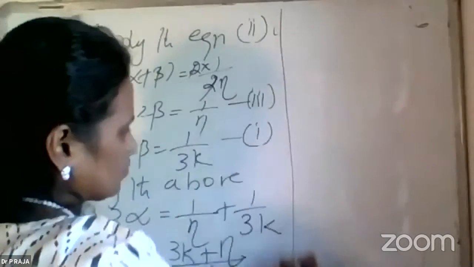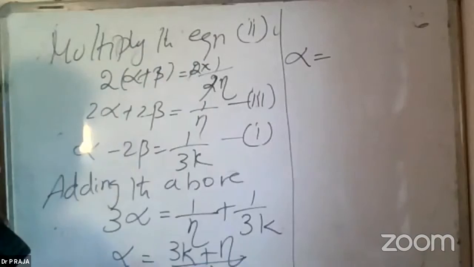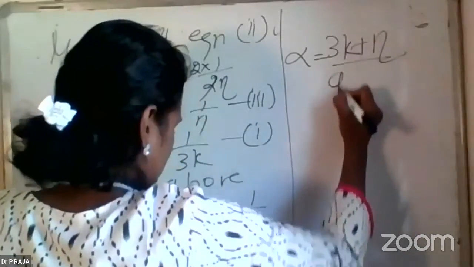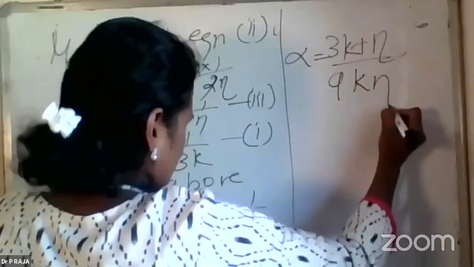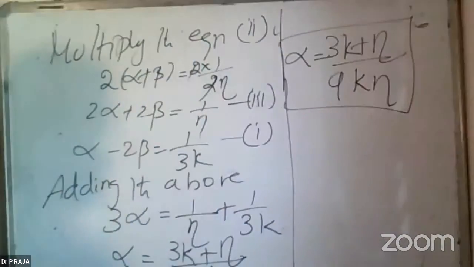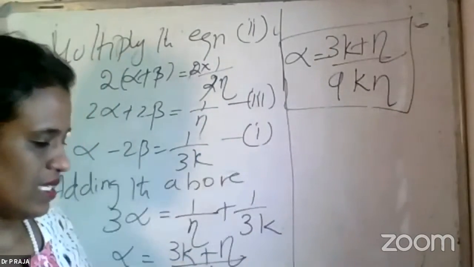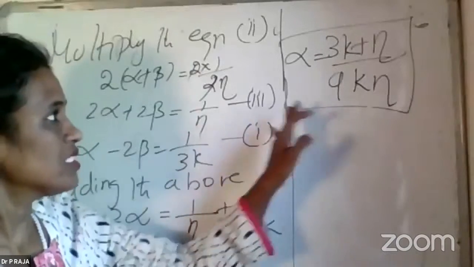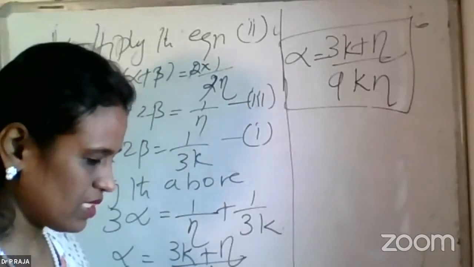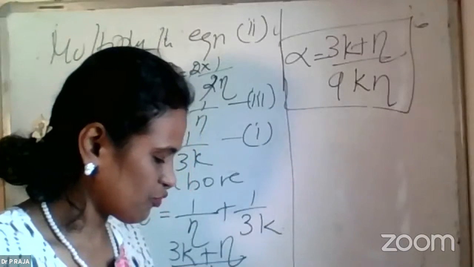So alpha value will become 3k plus eta divided by 9 into k eta. Or this equation can also be rearranged in another form.